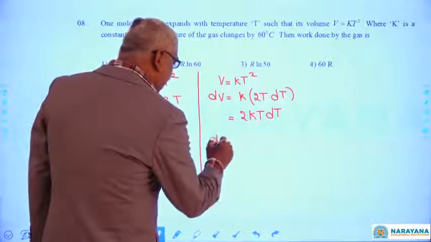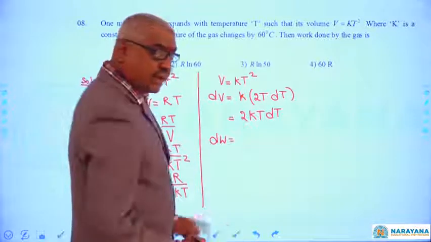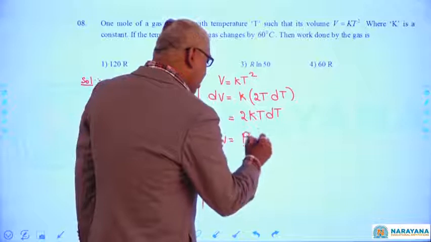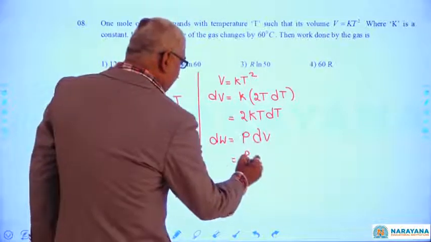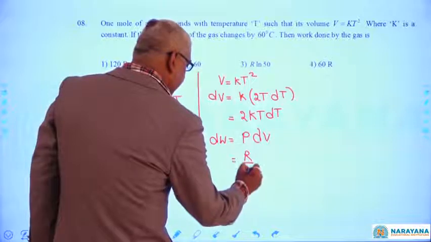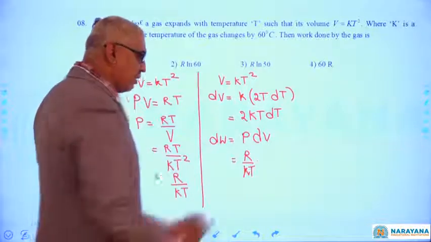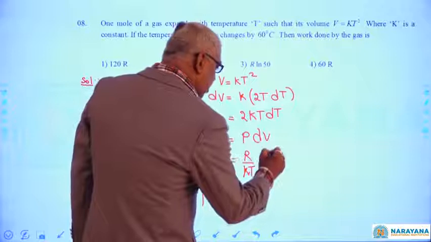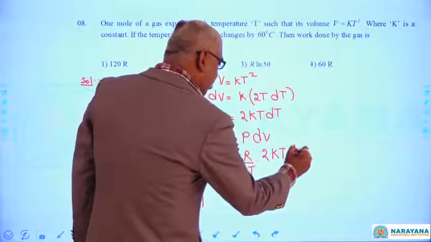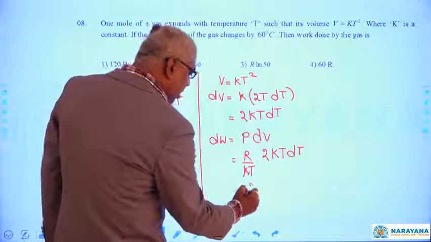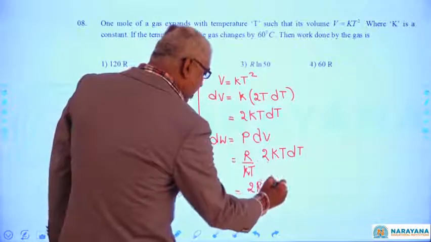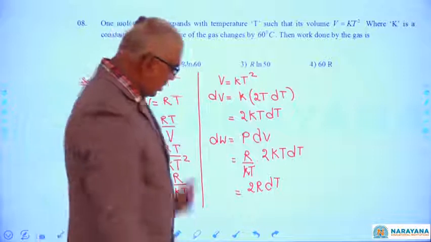The work done dW equals PdV. Substitute the values. P is given as R by kT, and dV is given as 2kT dT. What actually happens? kT cancels. What are we getting? 2R dT. Integrate on both sides.